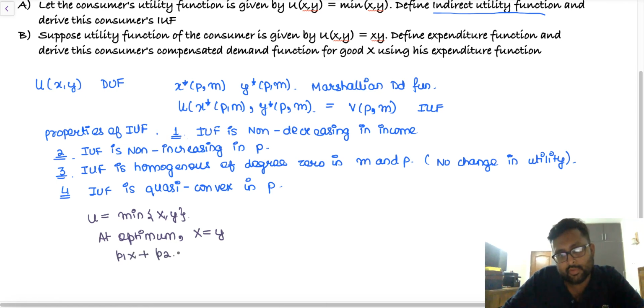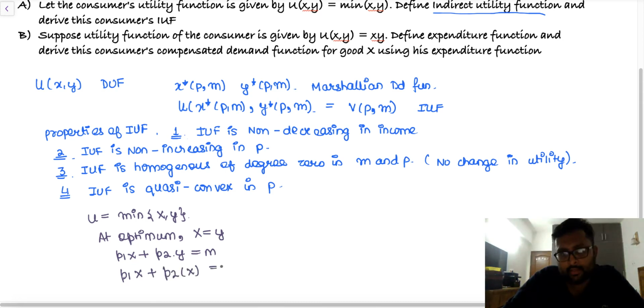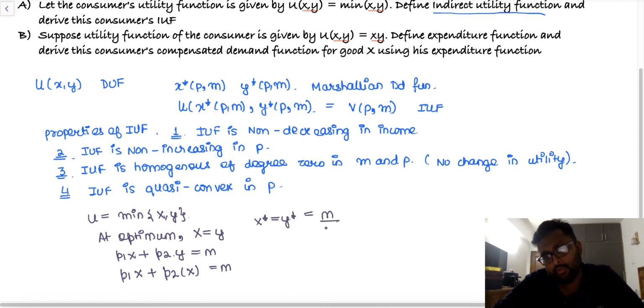And this optimum has to satisfy the budget constraint, which is p1 x plus p2 y equals m. In place of y, you can write x. So x star and y star both are equal to m upon p1 plus p2.